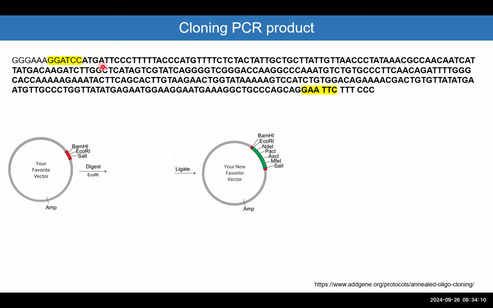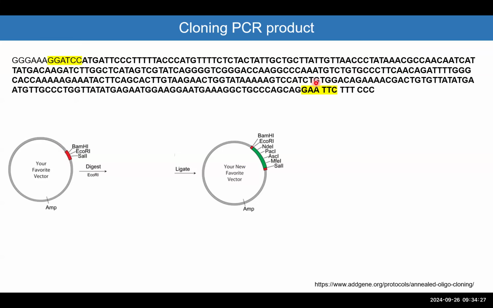Okay, now after that, you have to be careful. You keep directionality, meaning if I have BamHI upstream or on the 5' end here, it has to be on the 5' end of the plasmid where I will clone.